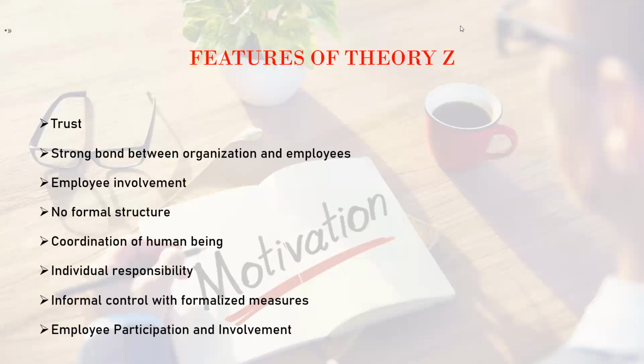The fourth feature is no formal structure. Do not just focus on the formal structure of communication, the formal structure of passing on the information. At times it is required that you go off the formal structure. You have some informal structure which is making the employees come close to each other, close to the organization, where at any point of time, if it is required, they can present their views.